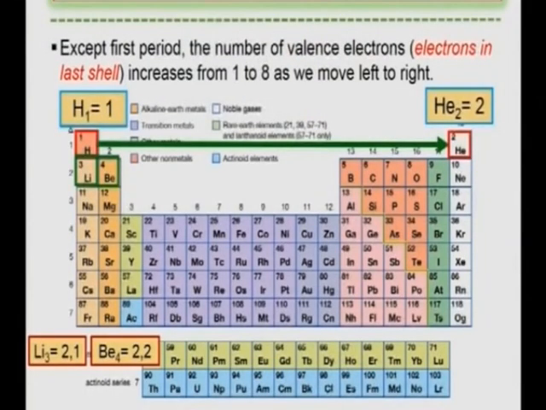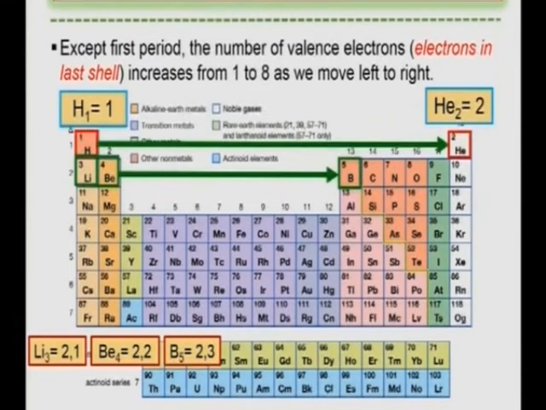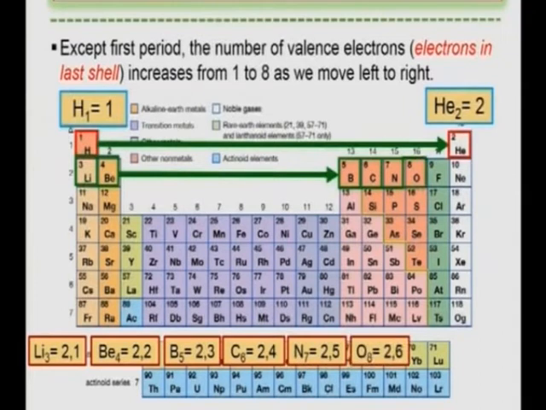For example, lithium has 1 valence electron, beryllium has 2, boron has 3, carbon has 4, nitrogen has 5, oxygen has 6, fluorine has 7, and then neon has 8. So when we move from left to right in a period, the valence electrons increase from 1 to 8.